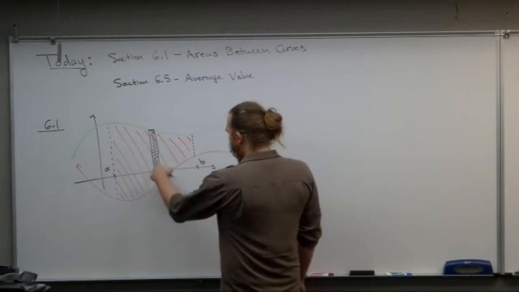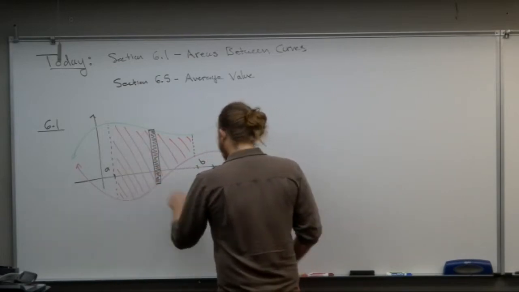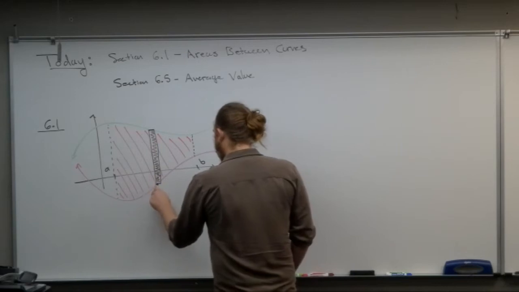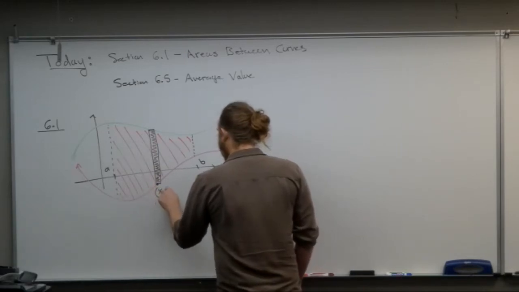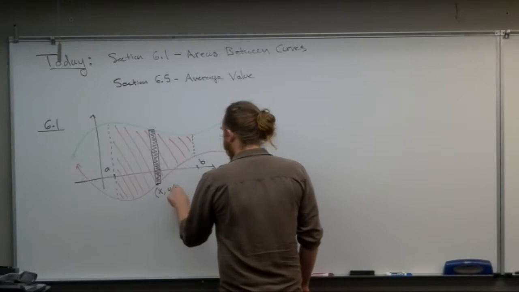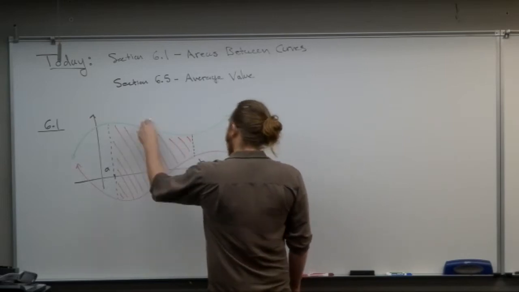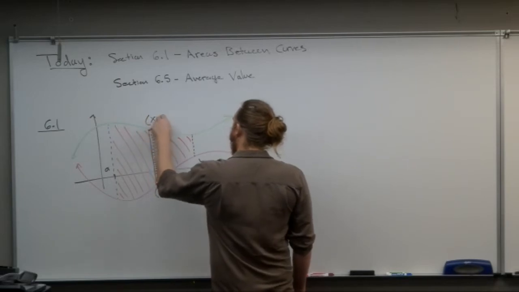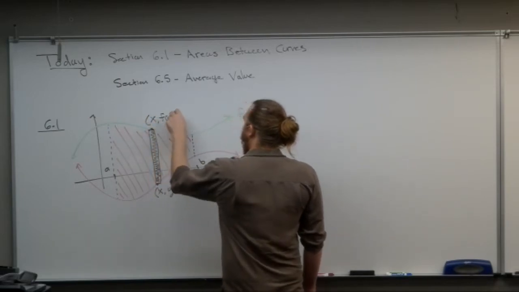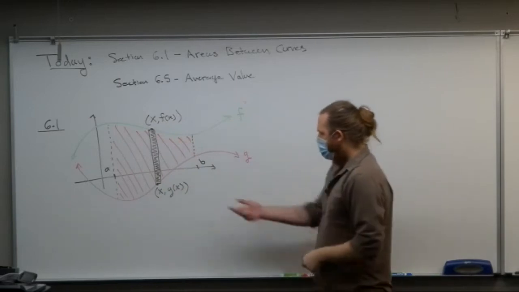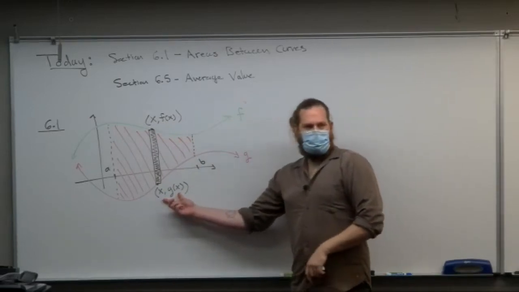So this guy's sitting at this arbitrary x value, x here, which means that the point on the curve down here is x comma g of x. And the point on the curve up here where the rectangle touches the green function is x comma f of x.